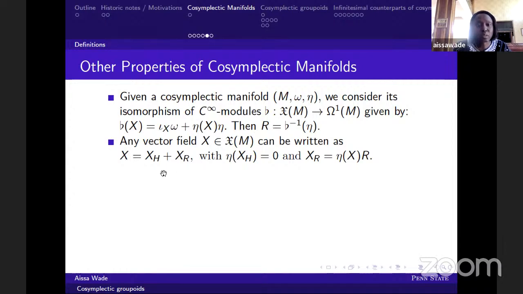But we can also decompose the tangent bundle in a very natural way. If I have a vector field, I can decompose it as a vector field which is parallel to the Reeb field R, plus X_H, which is just a vector field in the symplectic distribution.